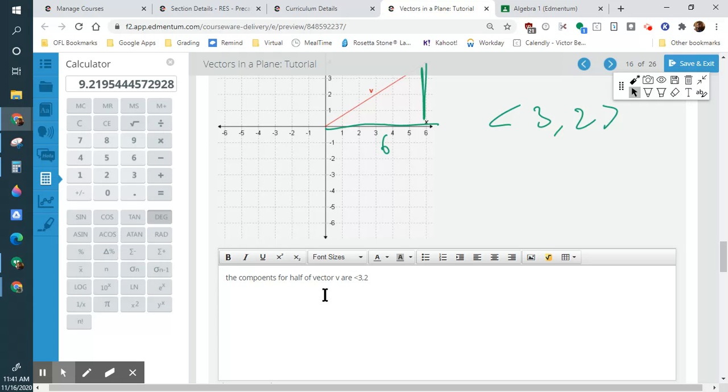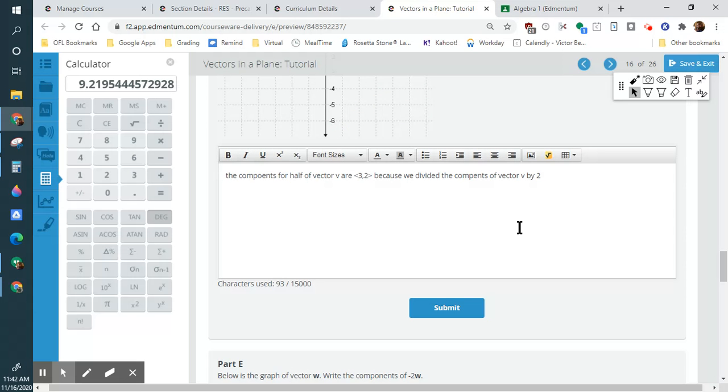Put my greater than sign there, because we divided the components of vector V by 2. You can barely see where I wrote half, but I just didn't want to use the equation editor to do the little fraction button. You guys can if you want. It's probably better looking, to be honest.